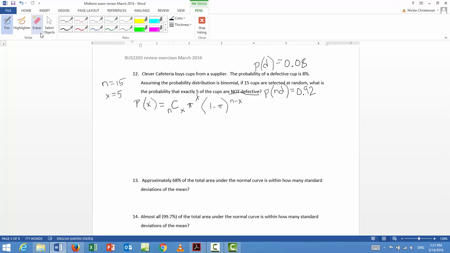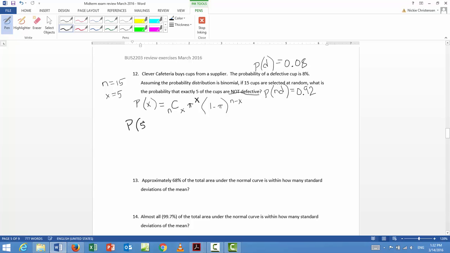My handwriting is so bad with this stylus. So pi is to the power of x.